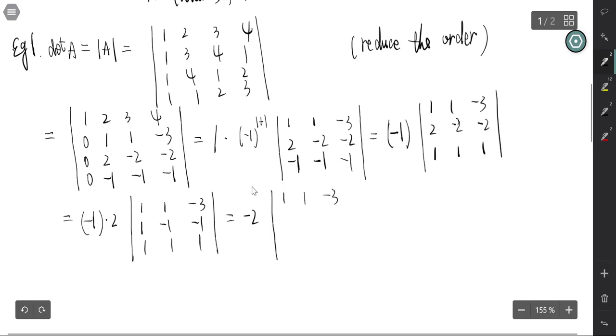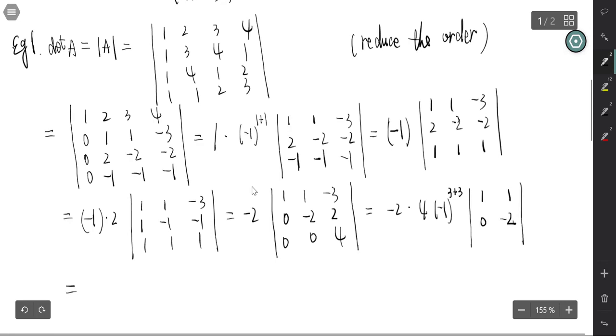The second row subtract the first row. That is 0, -2, 2, 0, 0, 4. And then we expand by the third row. That is 4. The 4 is at the third row and third column, and the remaining is 1, 1, 0, -2.